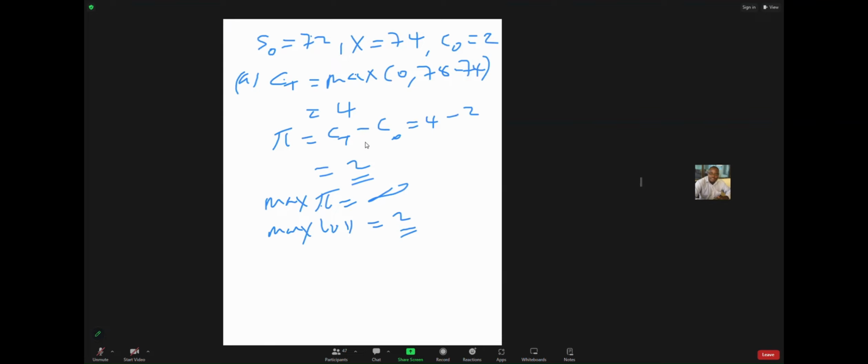Then part B, when the market price is 72. So here it is going to be the maximum of 0 or 72 minus 74. 72 minus 74 is negative, so 0 is better, we take 0.